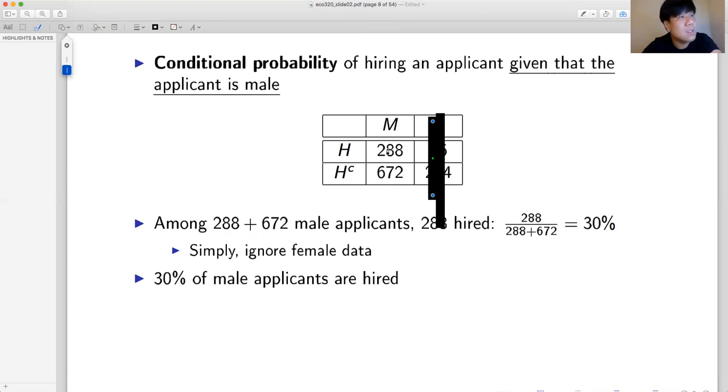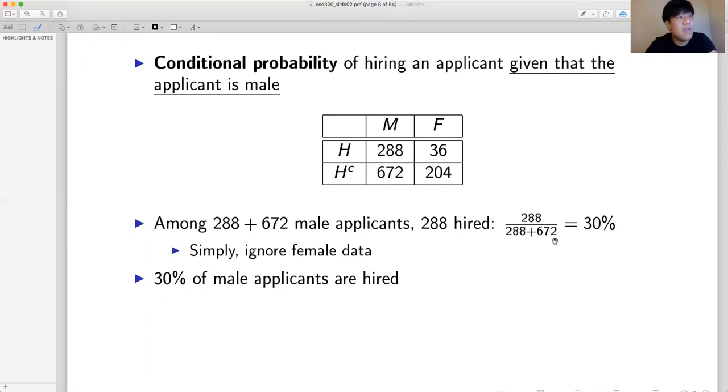What is the summation of these two? 960, right? Let's say 960. So 960 would be your denominator, and the numerator would be 288. So simply ignore the female data. Then the conditional probability is, okay, 30% of male applicants are hired.